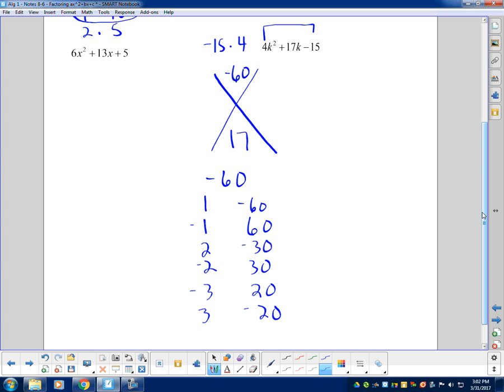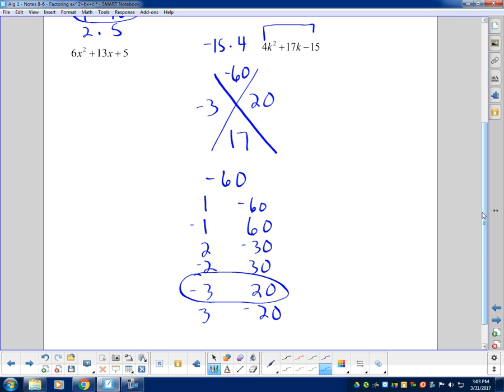Oh, wait a minute, I think I've got it. So looking here at the negative 3 and 20, we don't really need to go any farther. We could keep going, list 4 and 15, and 5 and 12, and 6 and 10, but it looks like negative 3 and 20 will work. So let's go ahead and stop there. Put a negative 3 here, a 20 here.